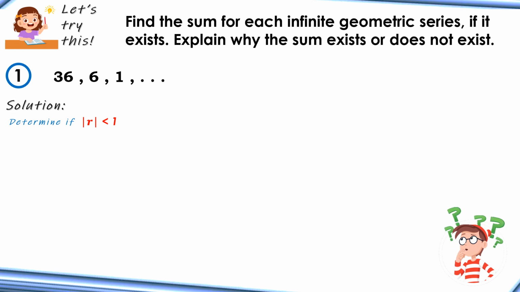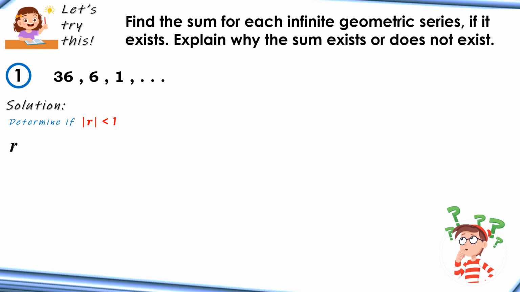Kung ang absolute value ng common ratio is not less than 1, ibig sabihin, the sum does not exist, hindi na natin kailangan gamitin yung formula dahil there is no sum that exists. Okay, so let's proceed.